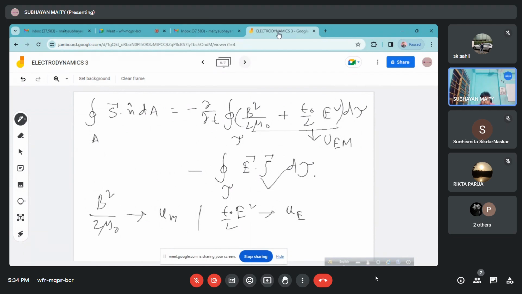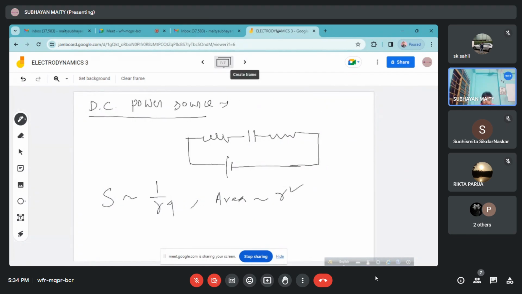So for a DC source, the left hand side, that means the flux of S, will be 0.